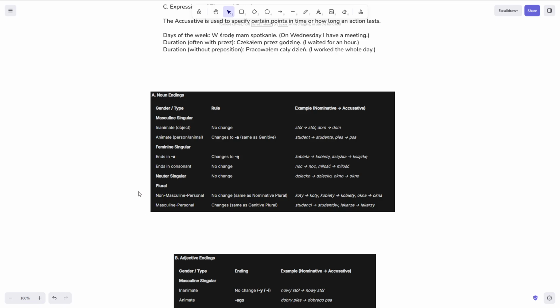And the only thing that somehow changes is the masculine personal plural, okay? So nouns that describe persons, such as student, doctor, dad, grandfather, firefighter, captain, these kinds of things, occupations or family connections, okay?